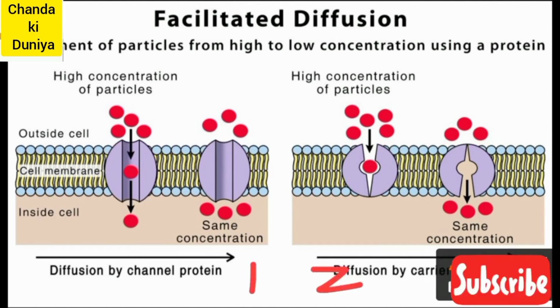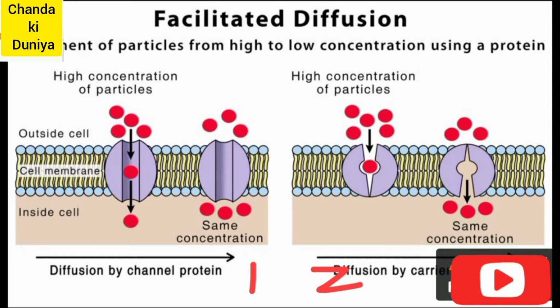These two proteins, the purple ones, give the path to these molecules, so they will easily travel from the outside of the cell towards the inner side of the cell.